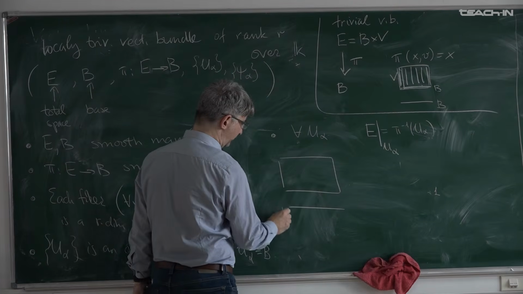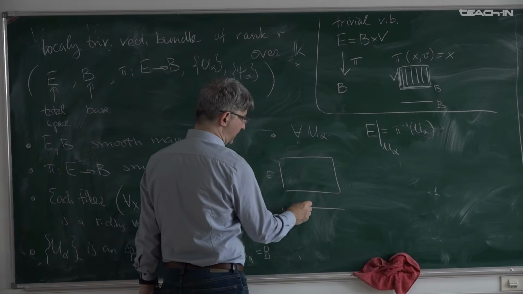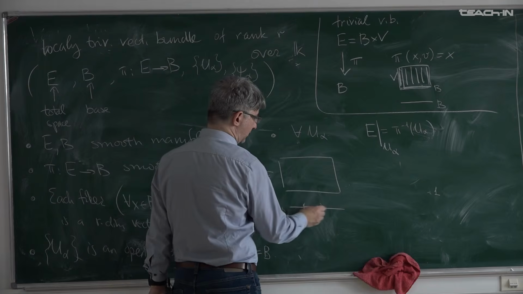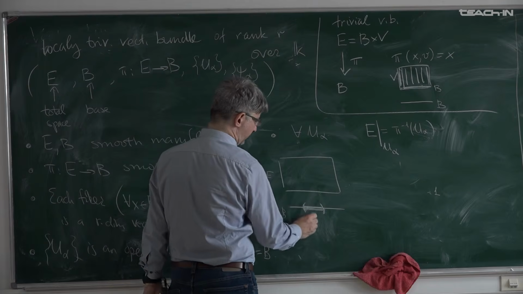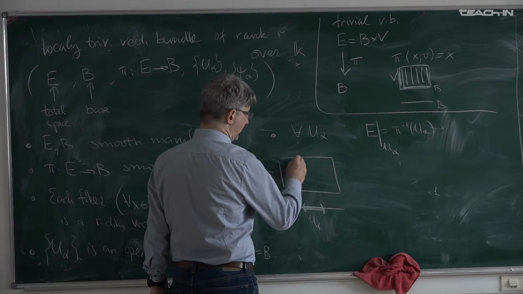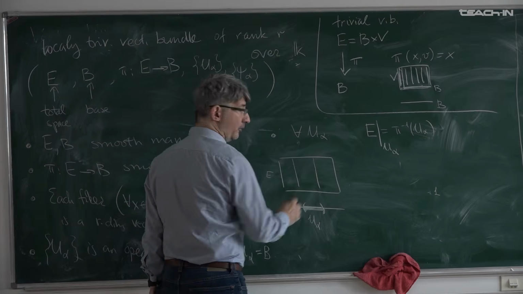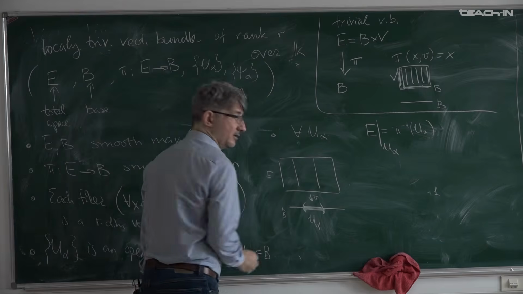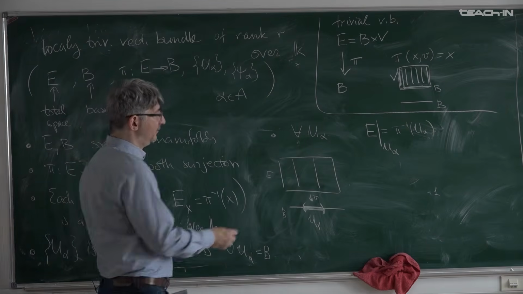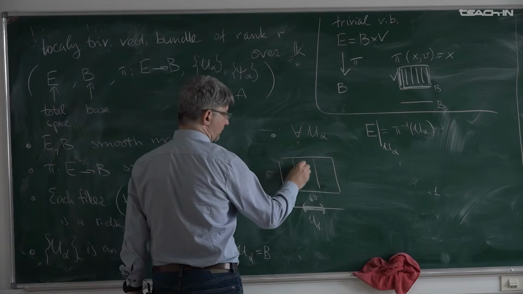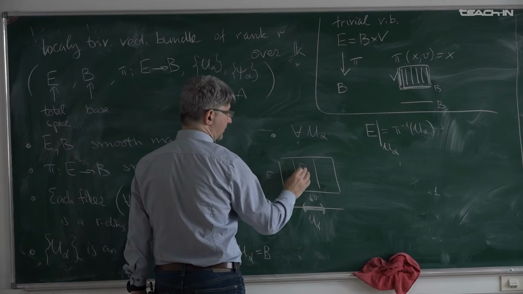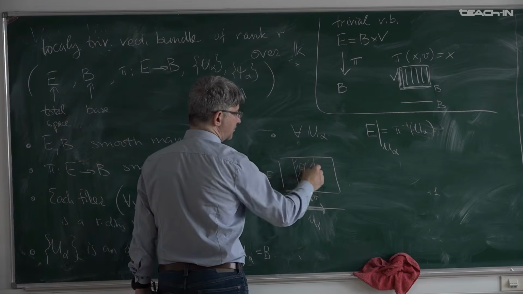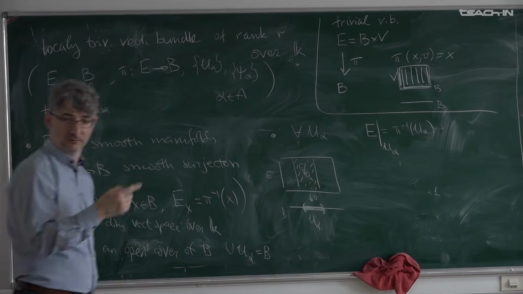So this is the base, this is the total space, and this is not a very big part of our B, which is U alpha. And the points which are projected to U alpha under projection pi give you a part of E. This is E alpha, E restricted to U alpha. This is just part of the total space.